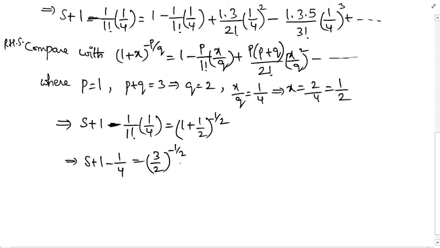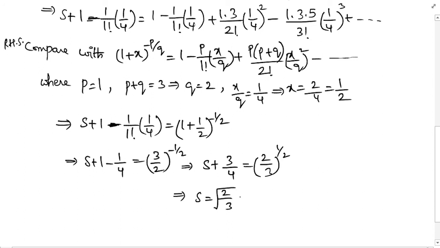So that implies S plus 3 by 4 is equal to (2 by 3) whole power 1 by 2. So that implies S is equal to root of 2 by 3 minus 3 by 4.